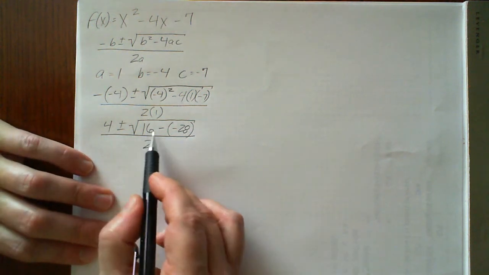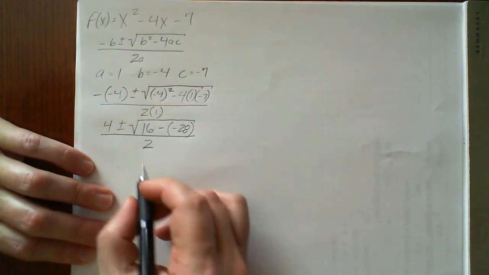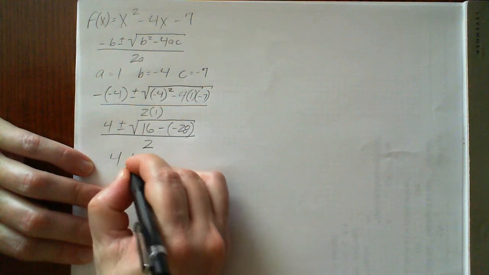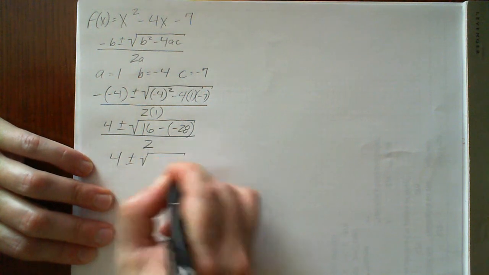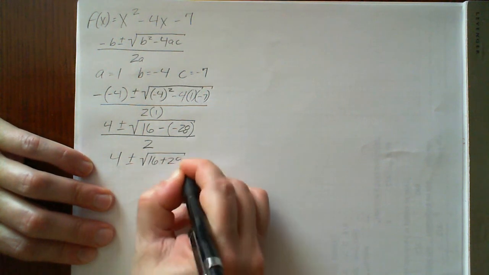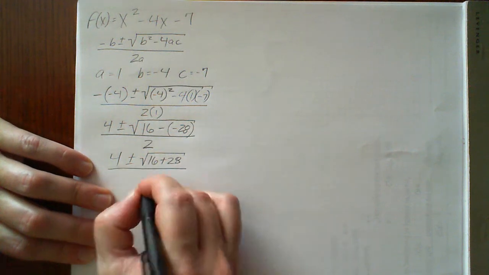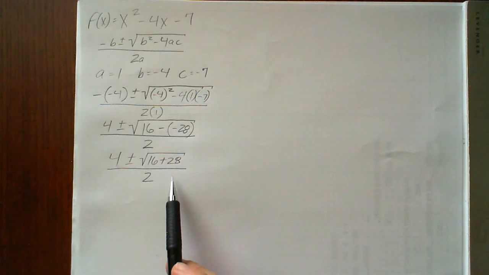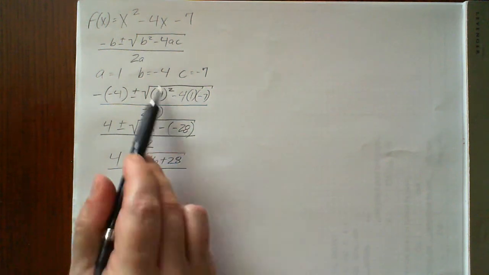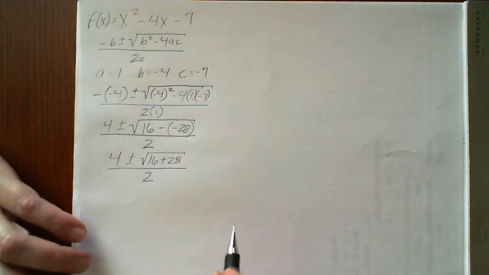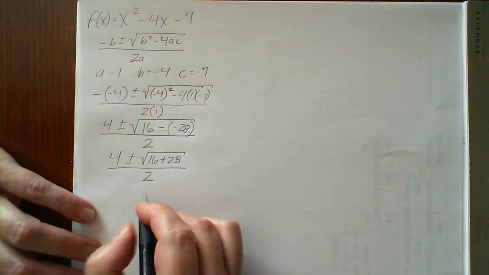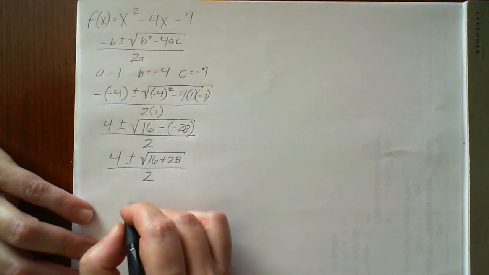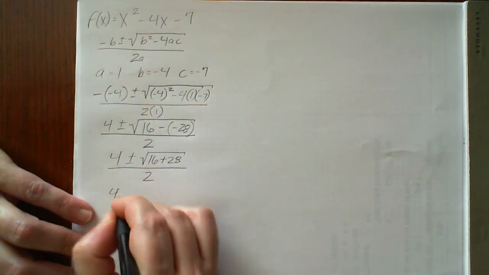This is going to turn into 16 plus 28. And we probably could have done that in one step, but I like to show all of my work. That way, if I do make an error, it's pretty easy for me to go back and look through my steps since I've shown every step there. All right, so 16 plus 28 is 44.